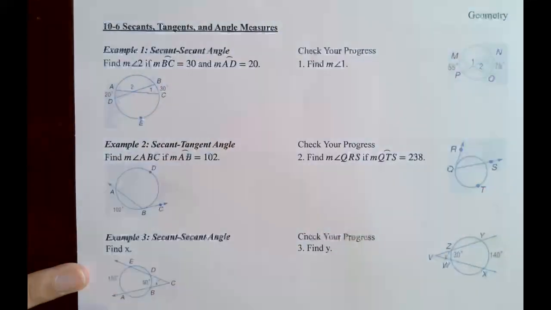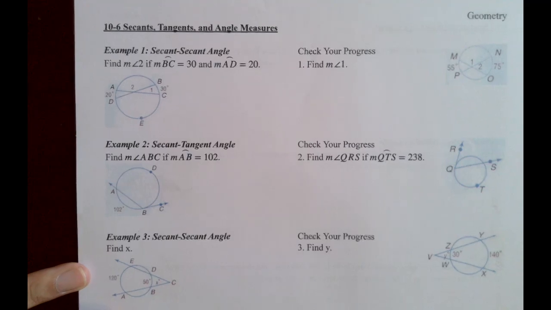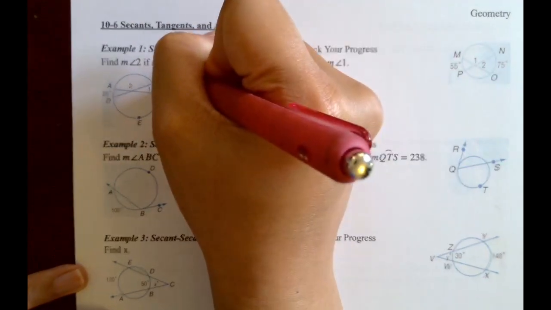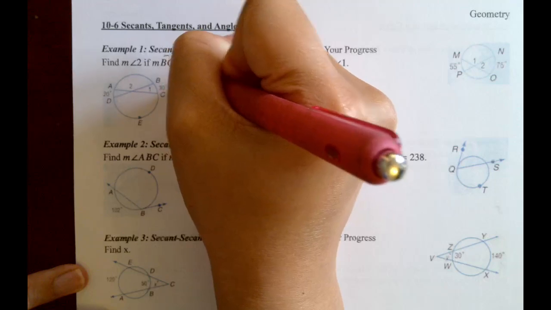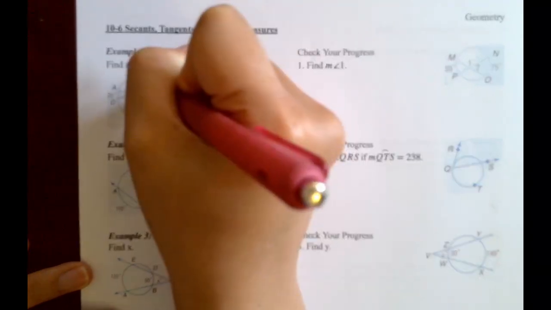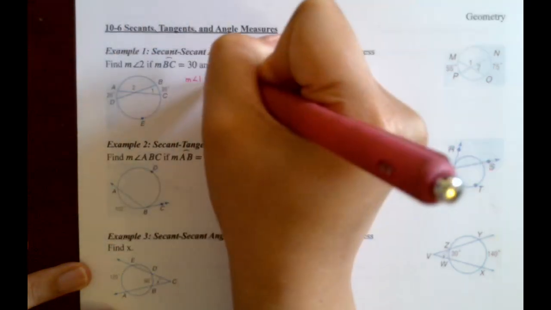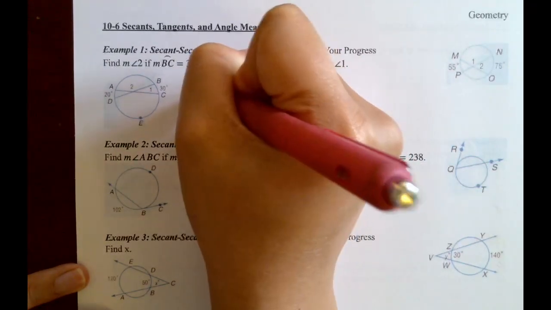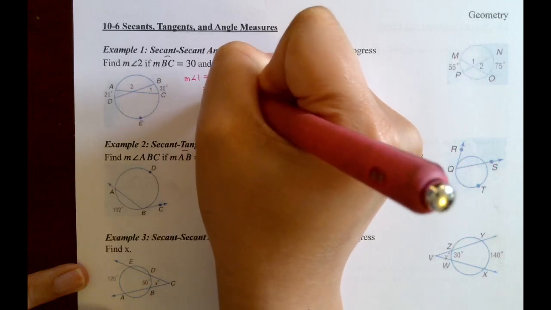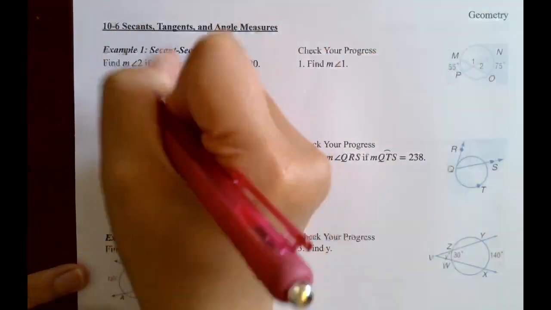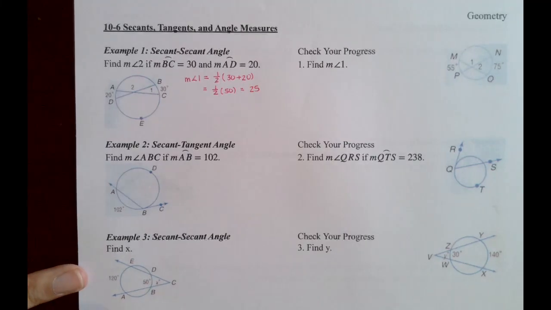The way I would do it is to find angle 1 first. Angle 1 equals half of the 2 intercepted arcs added, half of 30 plus 20. 30 plus 20 is 50, and half of 50 is 25. So angle 1 is 25.